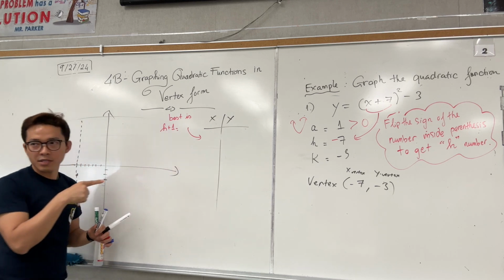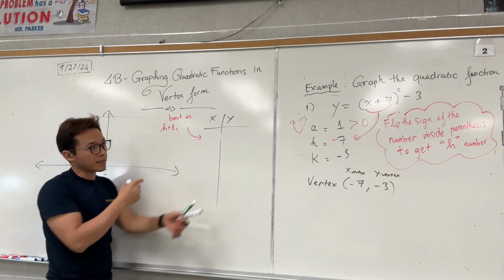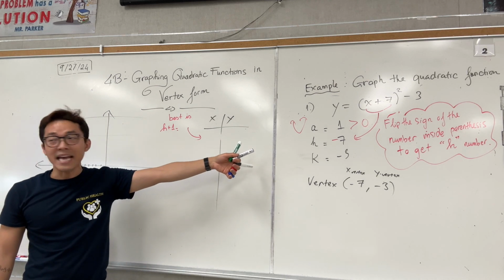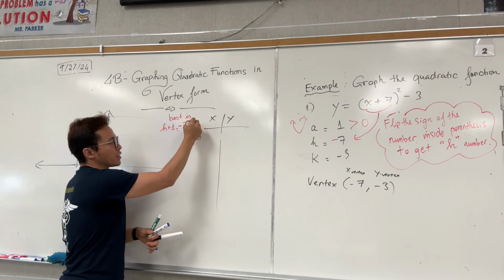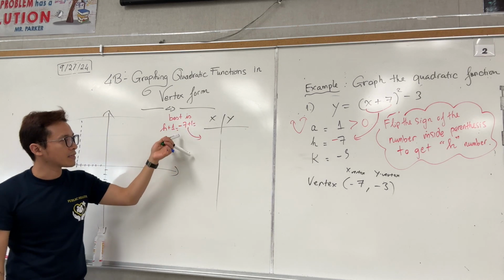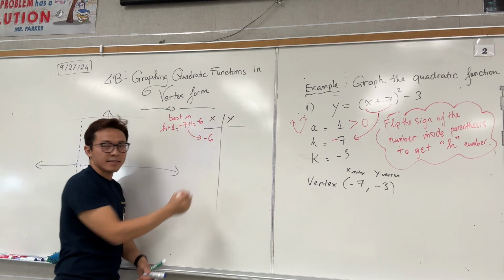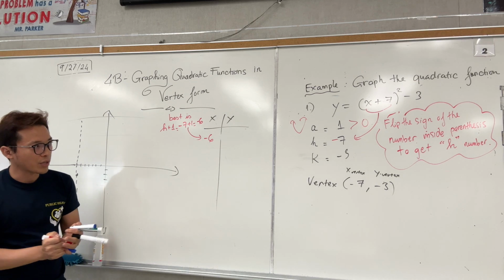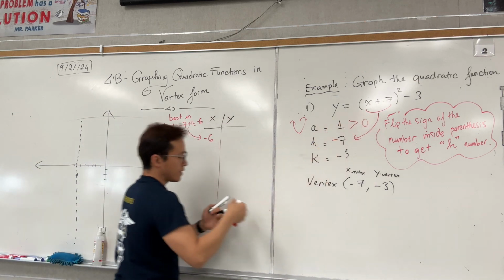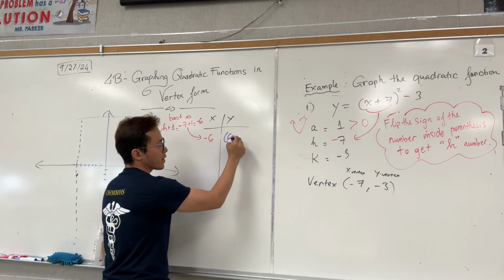What does h plus 1 mean? What is h? -7. -7 plus 1, you just add 1 to it. That number is the best, and the one on the other side as well. Why? Again, because when you plug in -6 over here, you're going to get what?